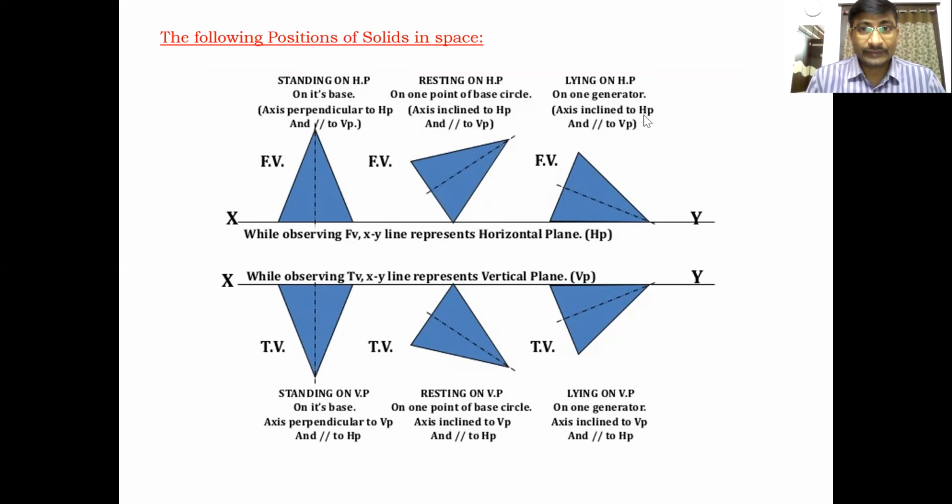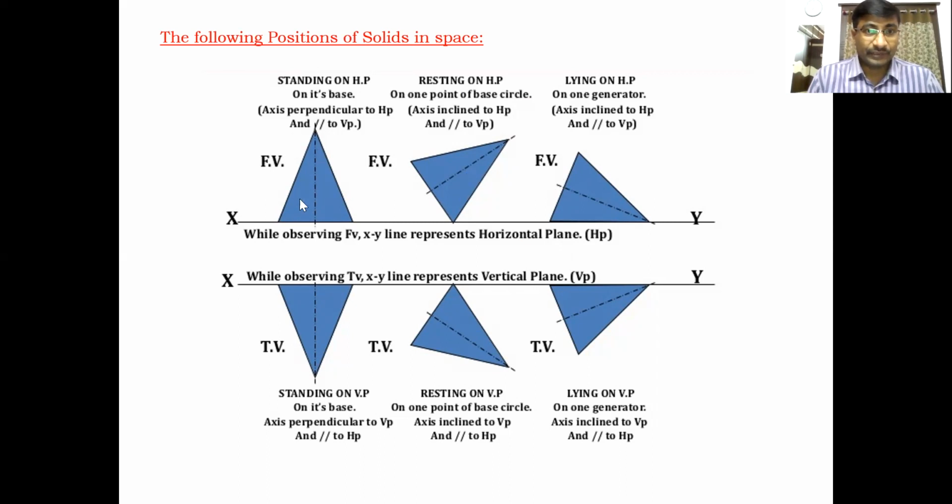If one of the generators or slant faces is on HP, one of the generators or one of the triangular shapes is on the XY line. The axis makes an angle with the XY line.